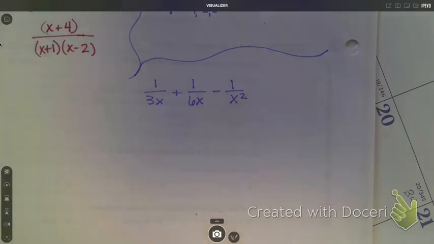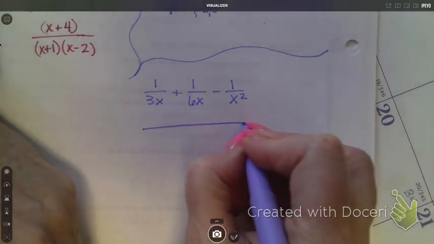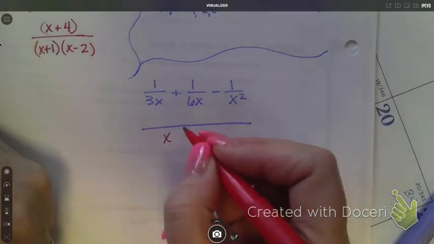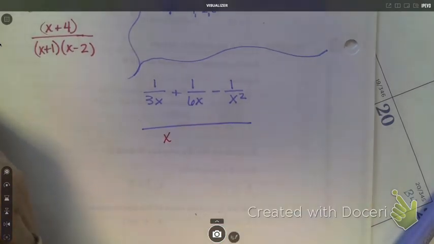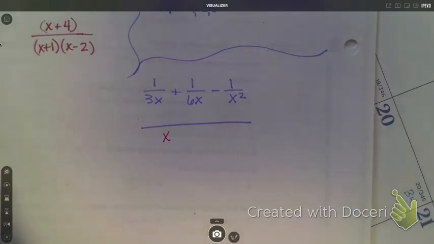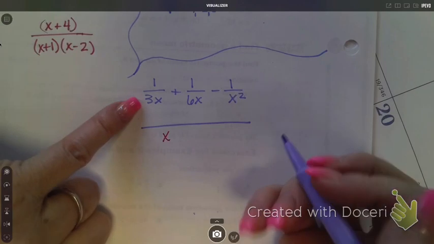Well, you don't need to factor them because they're all factored, yes? 1, 1, 1. There's nothing to factor. But what do they have in common on the bottom? An x. They all have an x in common, yes? Okay. Now, what else does the first one have? A 3.